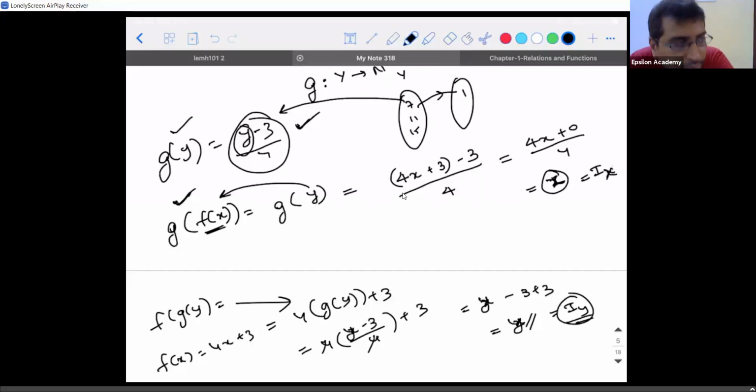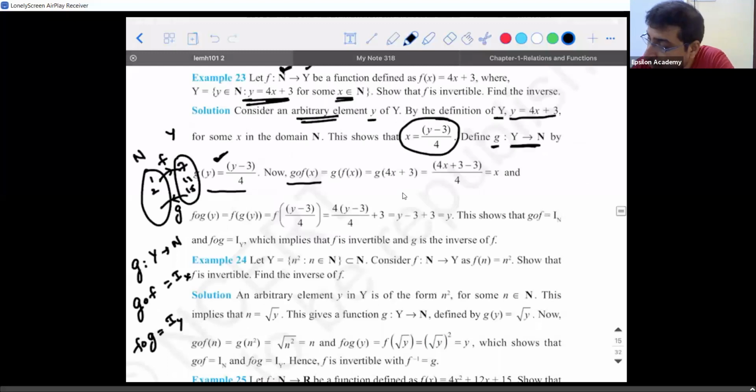See, the first problem I understand will be slightly tough. I will give you the steps, don't worry. We will follow the same steps to get the answer. So this is how you prove that the given functions are invertible. Yes, I understood. Okay, please make a note of it.